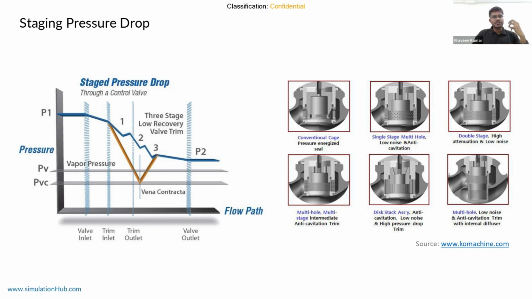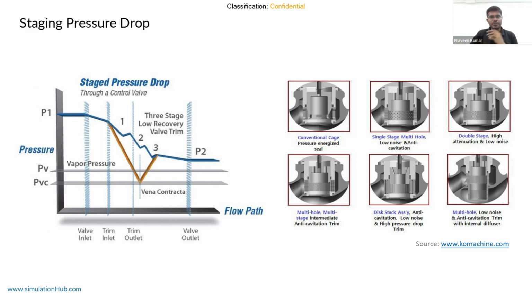When you stage it, you get a step by step, waterfall kind of pressure drop, so that avoids making your vena contracta pressure go below the vapor pressure. That's how you reduce or eliminate the chance of cavitation.